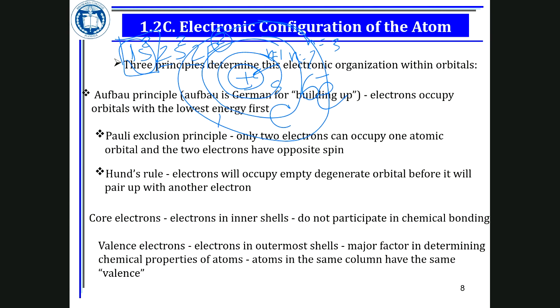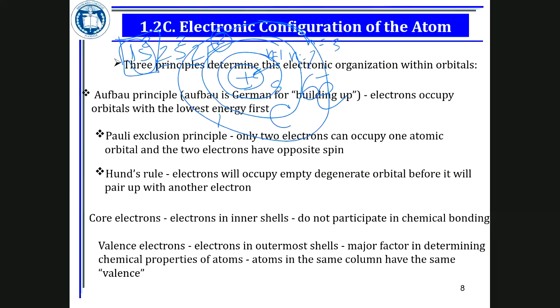So one rule to be applied to write electron configuration is the Aufbau principle. Orbitals with the lower energy level must be filled up first before we can move to the higher energy orbitals.